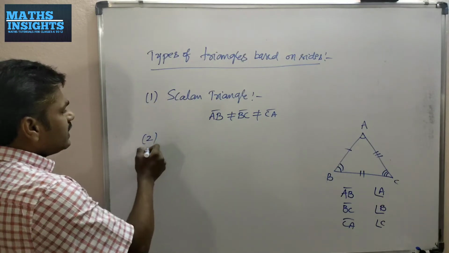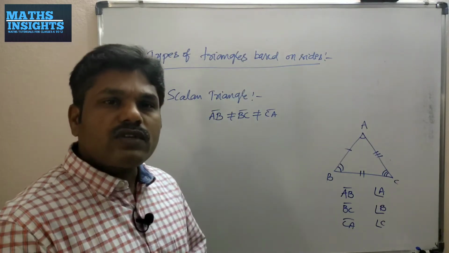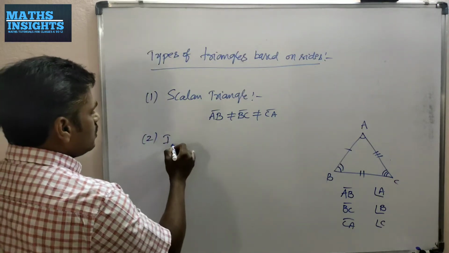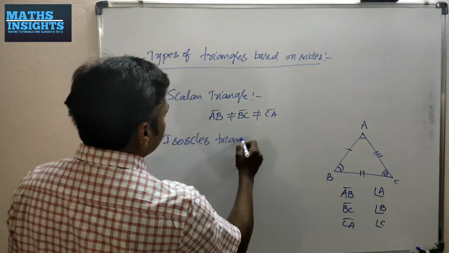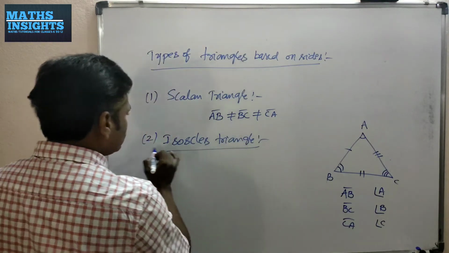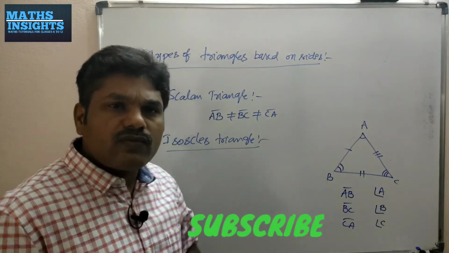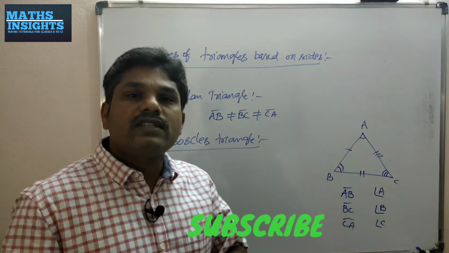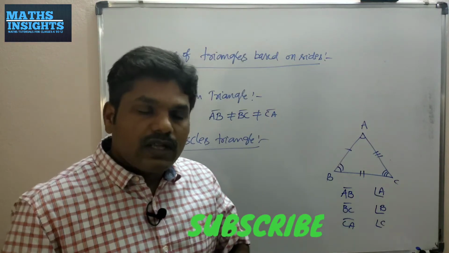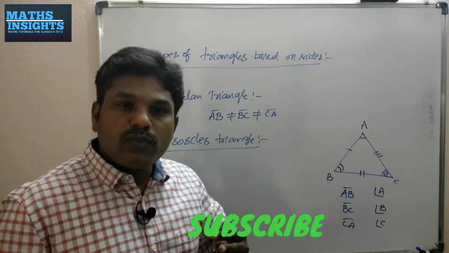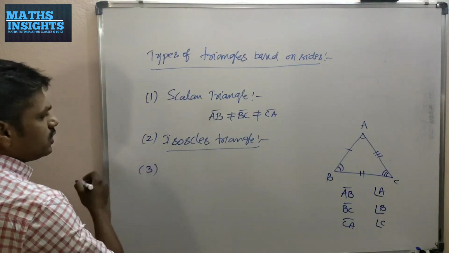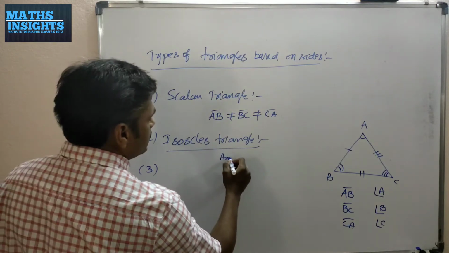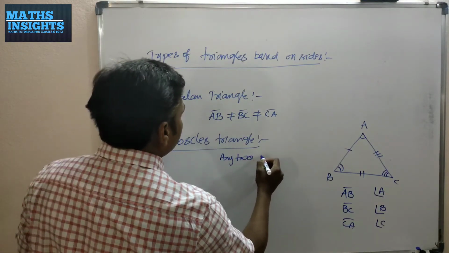Coming to second type of triangle, isosceles triangle. In simple words, if lengths of any two sides of a triangle are equal, then that triangle is said to be isosceles triangle. Okay, and coming to any two sides equal.